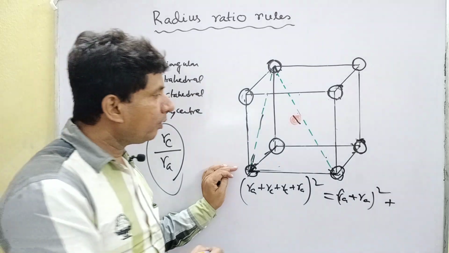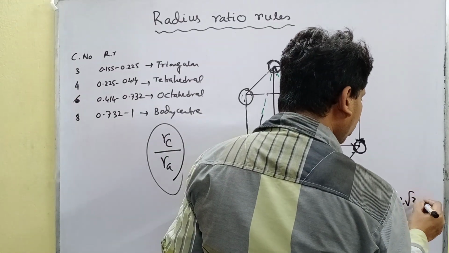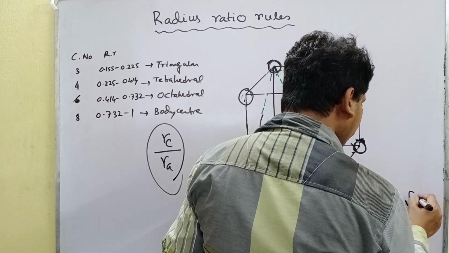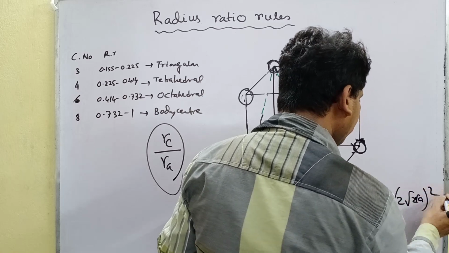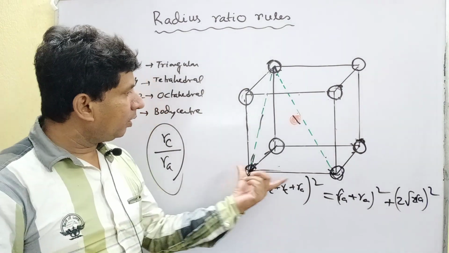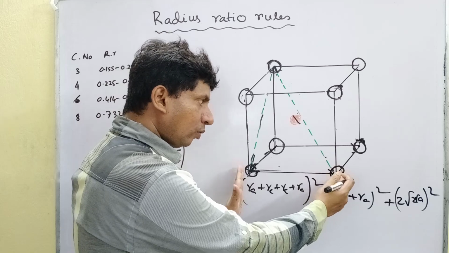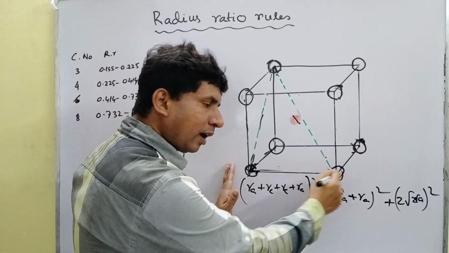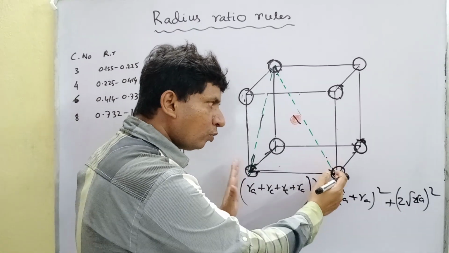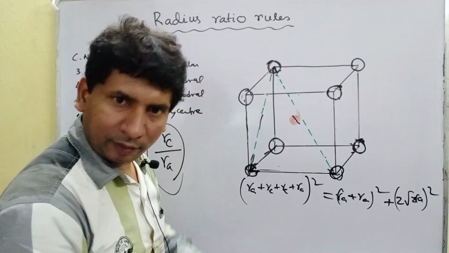Clear? Now, 2 root 2 RA squared. RA plus RA, that means 2RA.